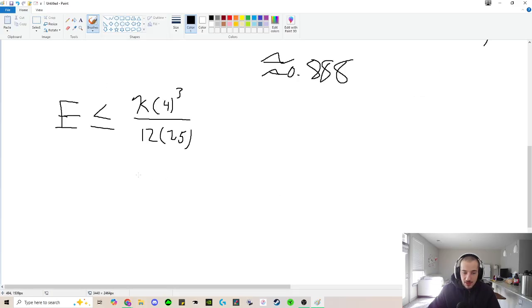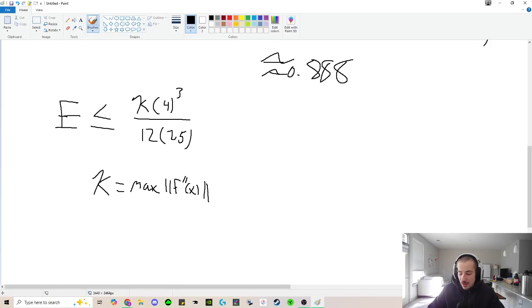Well, kappa is the max of the second derivative. How do you find the max of a second derivative? Well, we got to go ahead and take a derivative of it, right? So we have to take 3 derivatives, fortunately.